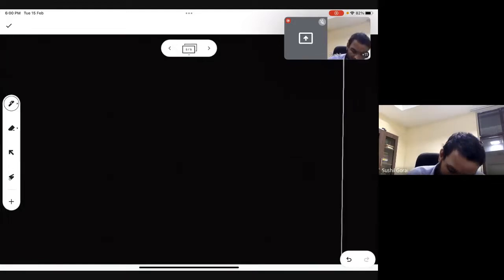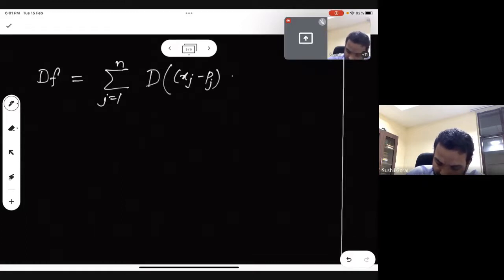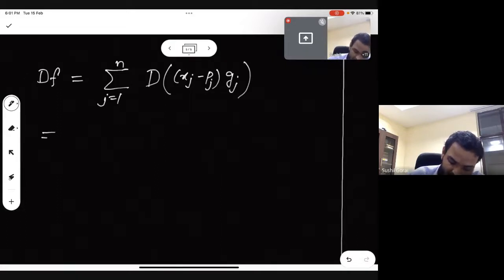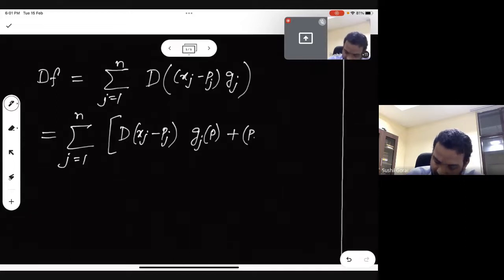So now what is Df? It is summation j from 1 to n D of (xj minus pj) gj. Now here we use the Leibniz rule. That gives us summation j from 1 to n D of (xj minus pj) times gj(p) plus (pj minus pj) D of gj.